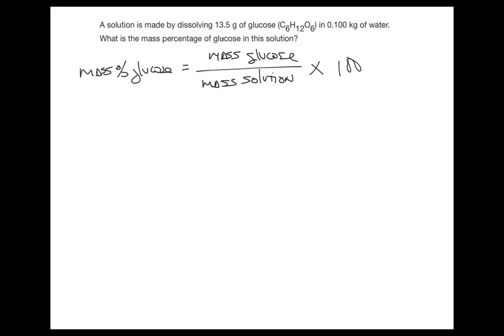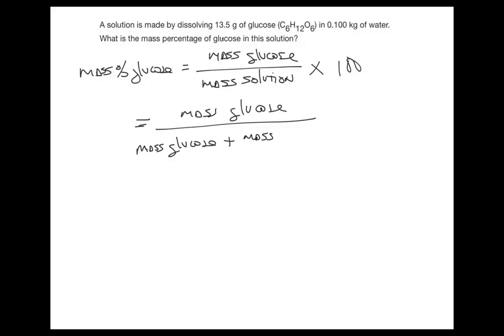But what is the mass of the solution? The components of the solution are glucose and water. So that means that this is equal to the mass of glucose divided by the mass of glucose plus the mass of water, H2O, times 100.